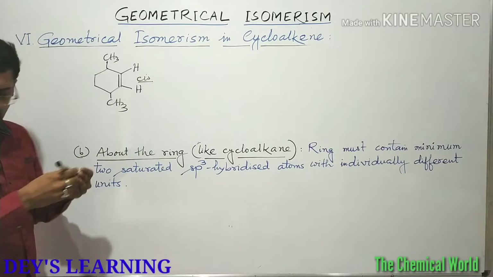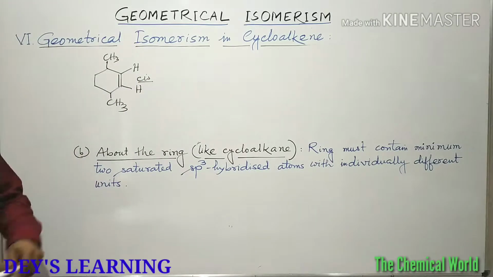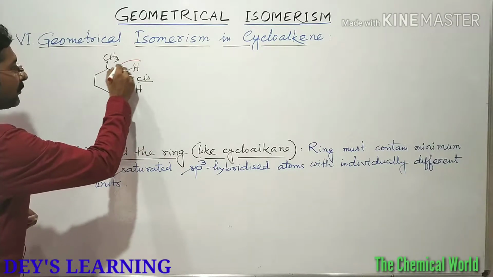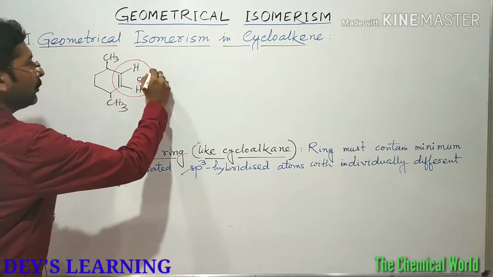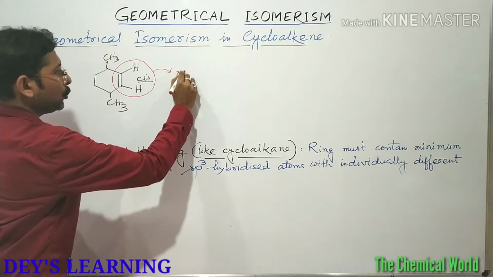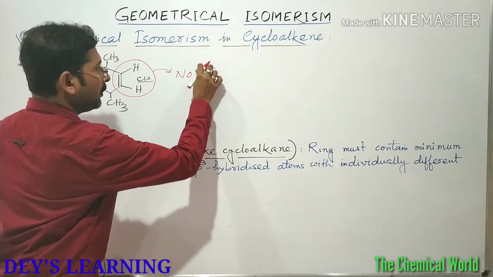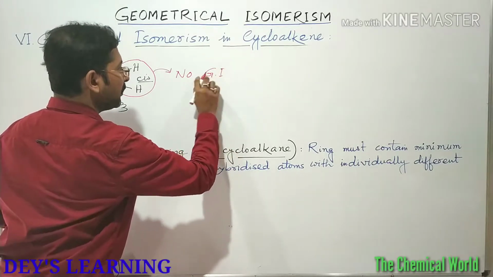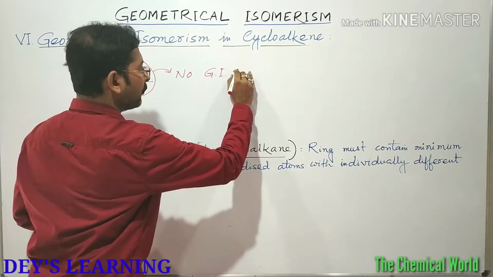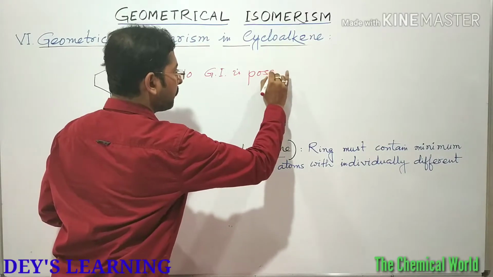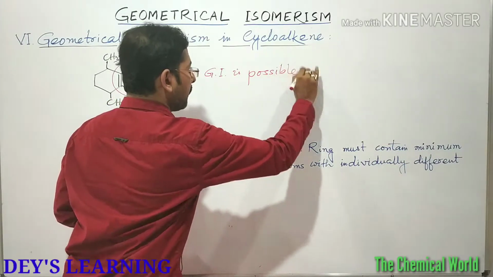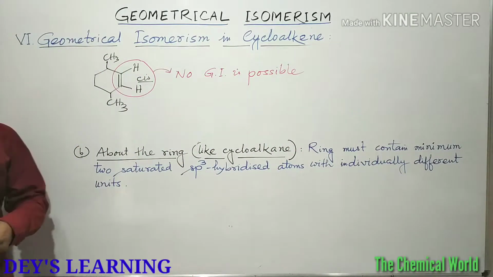So geometrical isomerism is not possible here around this carbon-carbon double bond. No geometrical isomerism is possible. But look at here.